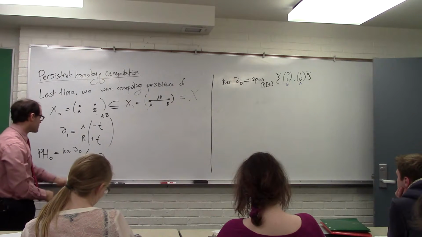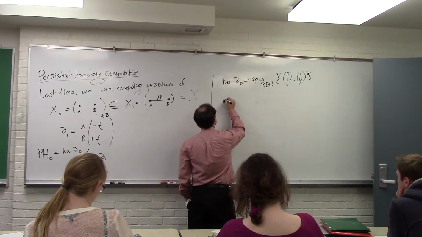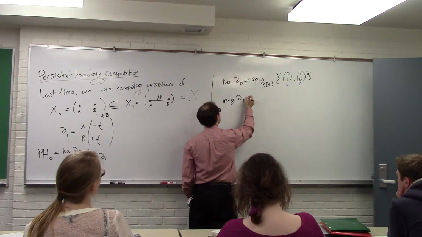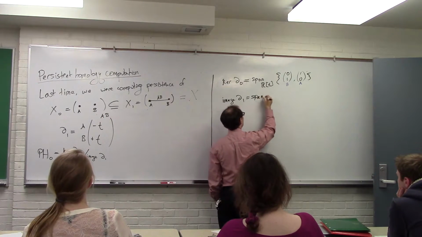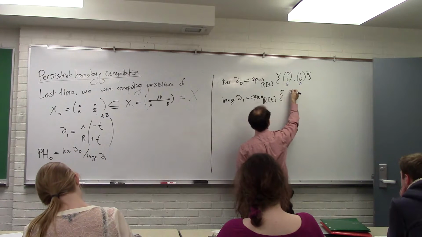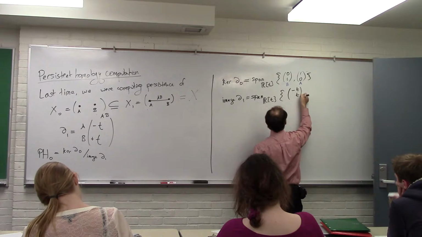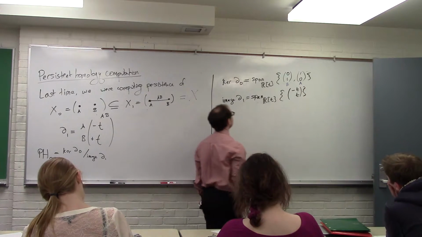Now as far as the image is concerned, that is literally the span. I'm going to be a little pedantic here and write it out as such. That's literally by definition what it is.